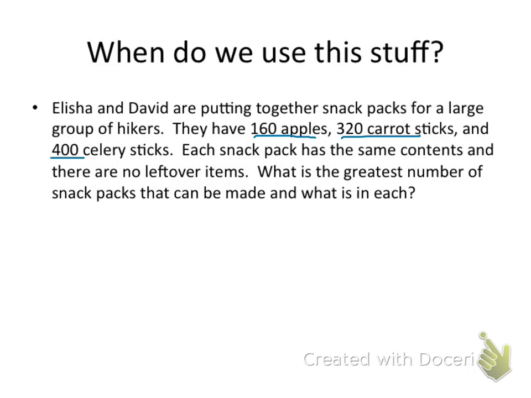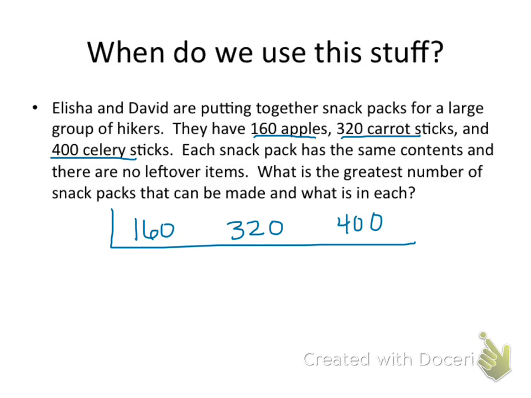So we find the greatest common factor of all of these. Again, some large numbers here. We know that they all end in 0, and we can start with 10. Let's do that and break them up a little bit smaller. So we get 16, 32, and 40. 16, 32, and 40 are all even.